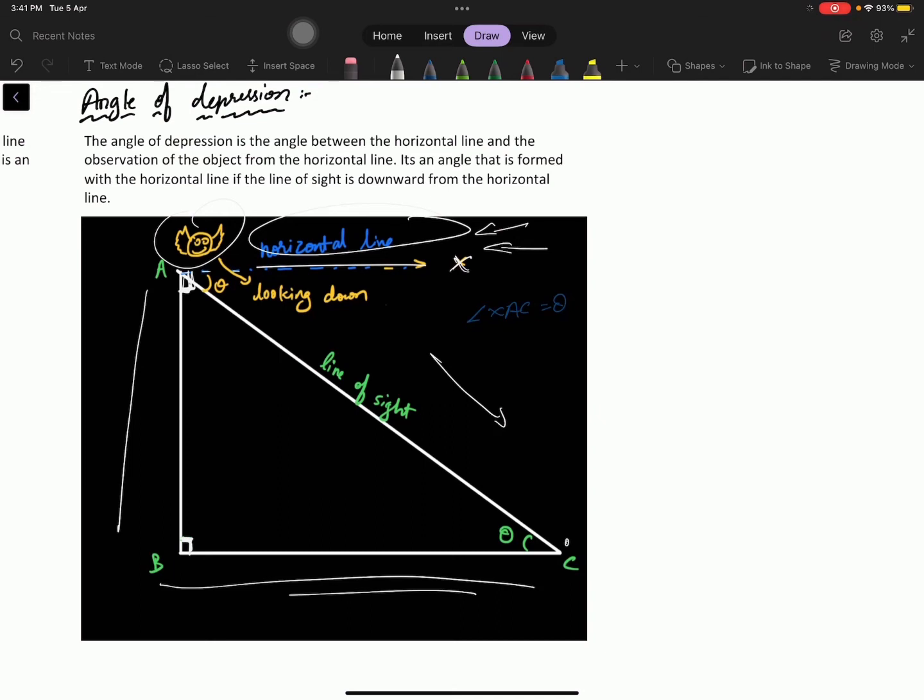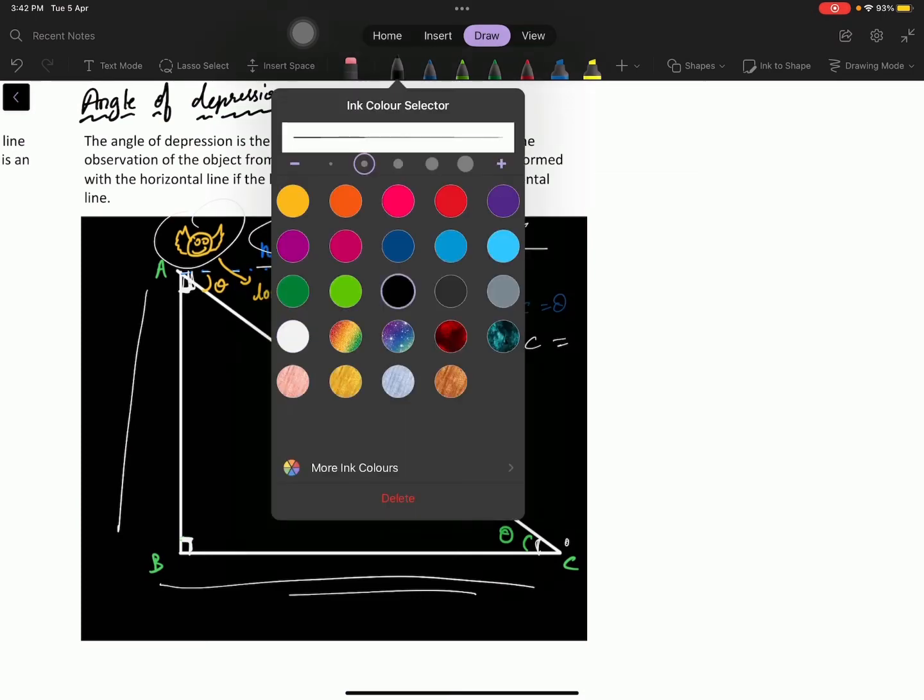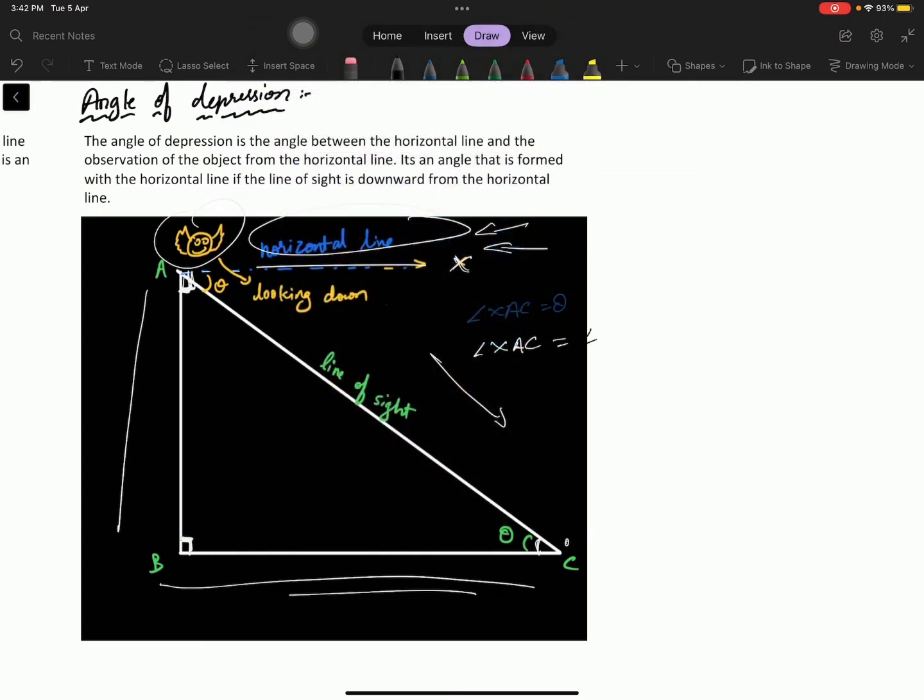And this is a transversal. We can use alternate interior angles and say that angle XAC is equal to angle ACB. Alternate interior angles, that's easy. So they both will be theta.